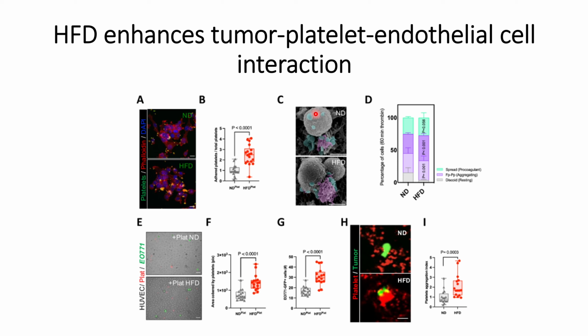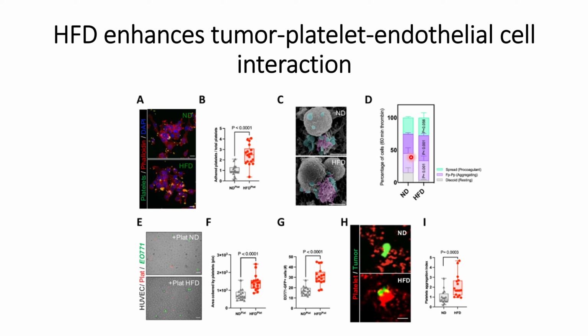The carbohydrate structures formed on the membranes are fewer in the control, whereas in the HFD conditions the carbohydrate structures formed on the membranes are higher. They quantified this as a percentage of the cells, and found that aggregation formation is higher in the HFD mice compared to the control case.